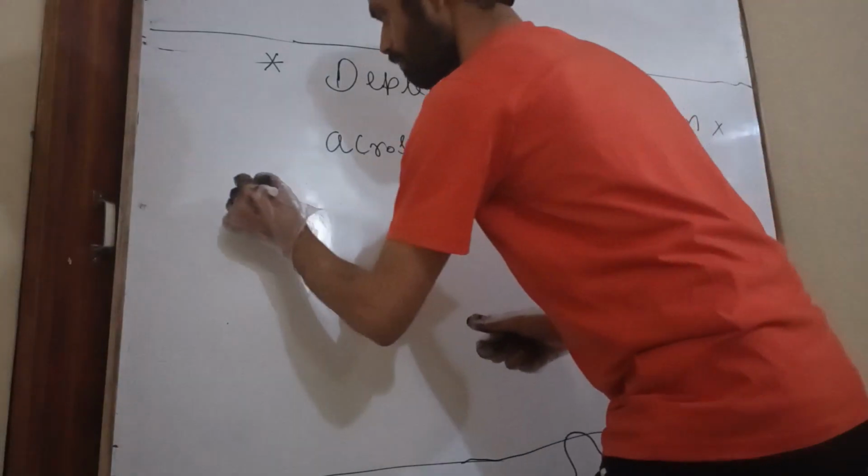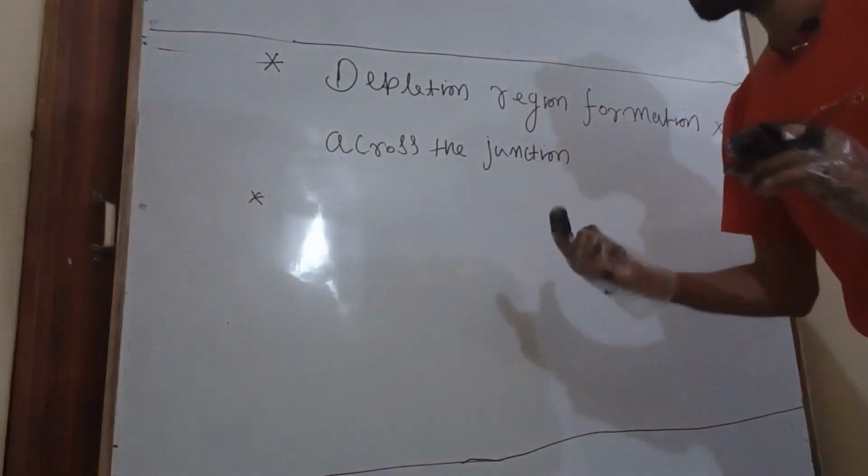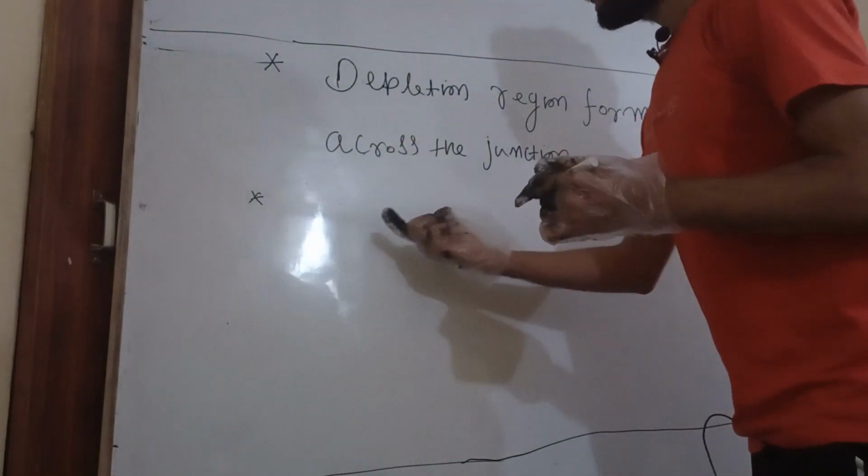Now see across the junction. As you know very well, the PN junction.